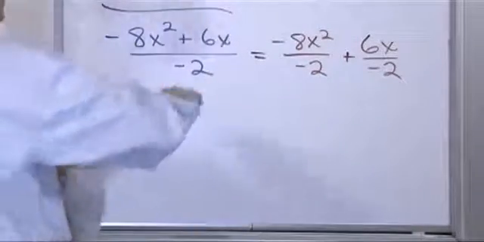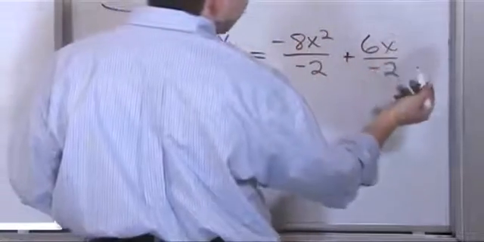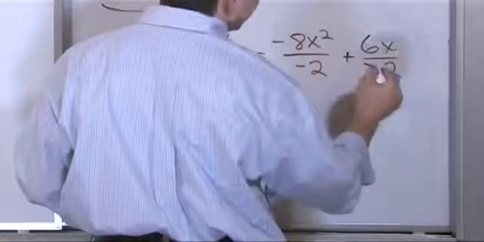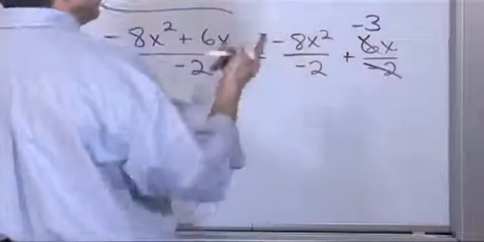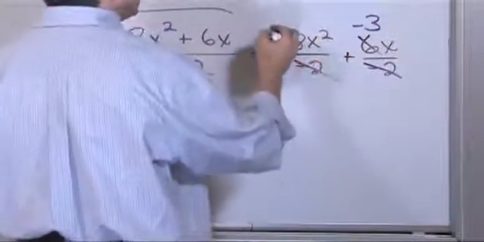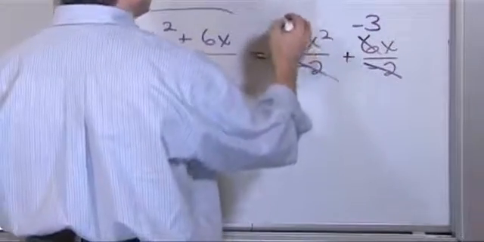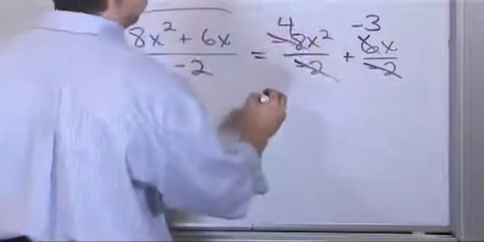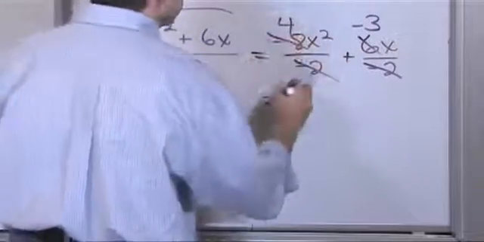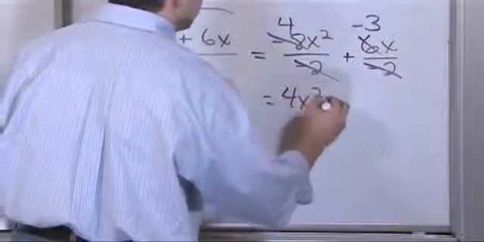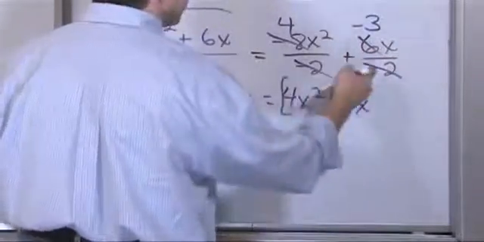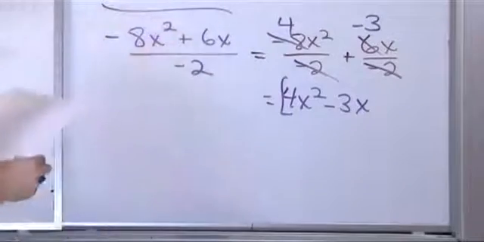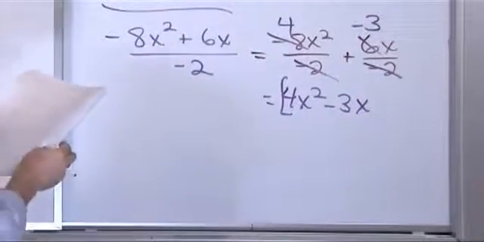I'm going to do the same thing, working over here. I can divide by negative 2, so I can strike that out. When I divide 6 by negative 2, I get negative 3. Here I divide by negative 2. When I divide negative 8 by negative 2, I get positive 4. So I have 4x squared minus 3x. Don't forget your x. There's nothing in the bottom because I've canceled it all out. So I have 4x squared minus 3x.